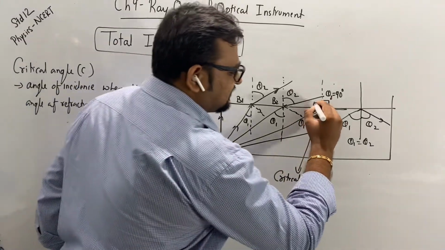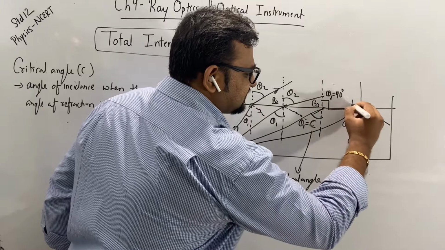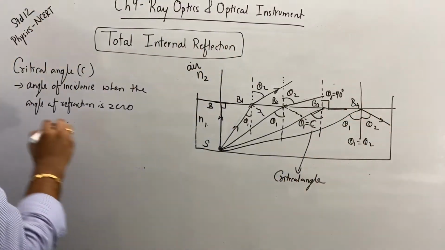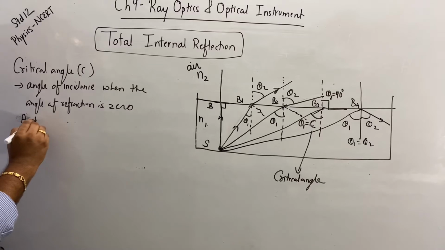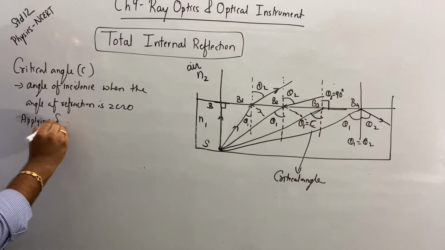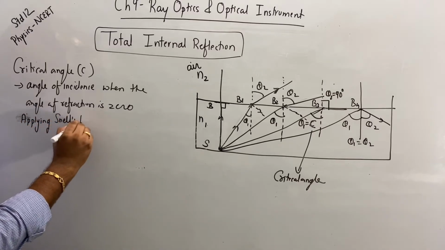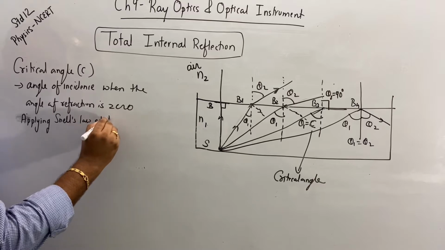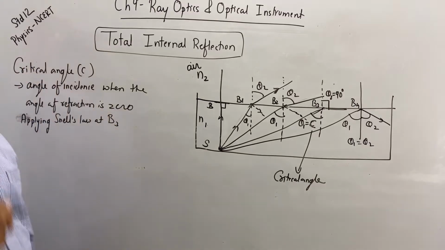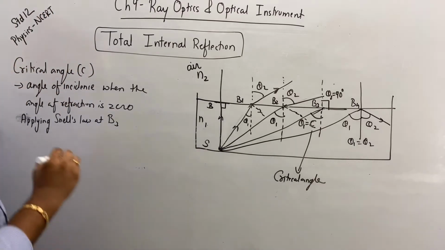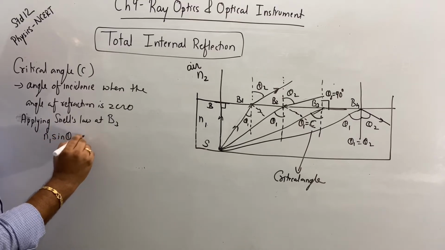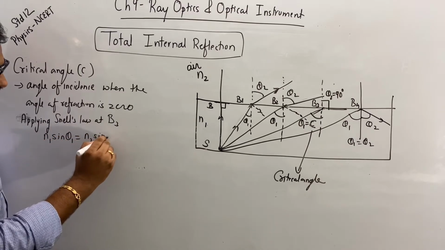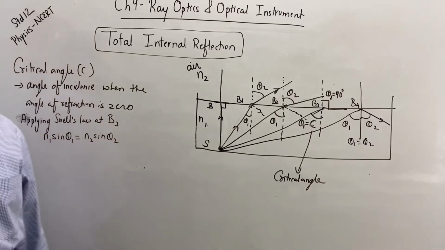Okay, so let's name this as point B3, this as B4. So at B3, applying Snell's law, what is the result? N1 sine theta 1 equal to N2 sine theta 2.